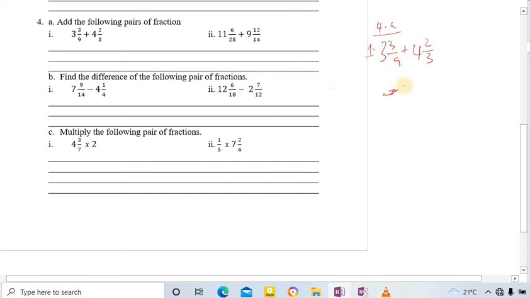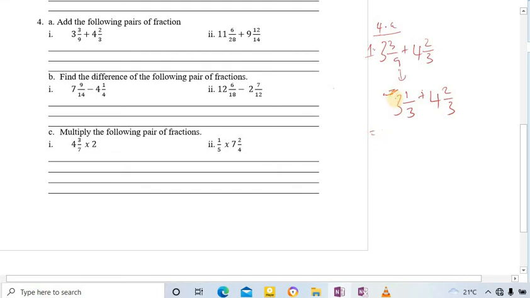So 3 whole number 3 over 9 can be written as 3 whole number, 3 over 9 is what? 1 out of 3, because this fraction can be reduced to its simplest form, plus 4 whole number, 2 out of 3. If I do this, I've saved myself the work of having to change them into their like fractions and all that.